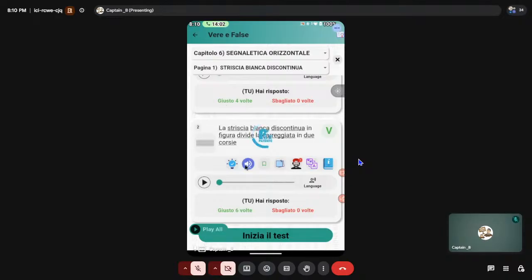Let me play. La striscia bianca discontinua in figura divide la carreggiata in 2 corsie. Now listen. La striscia bianca discontinua, which is the white discontinuous line. In figura, I mean the figure. Divide, now pay attention.